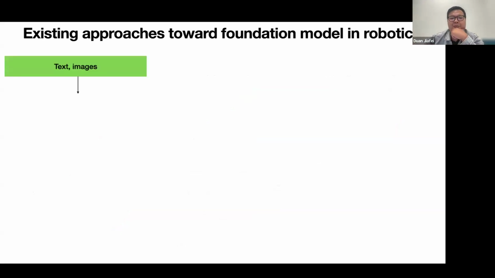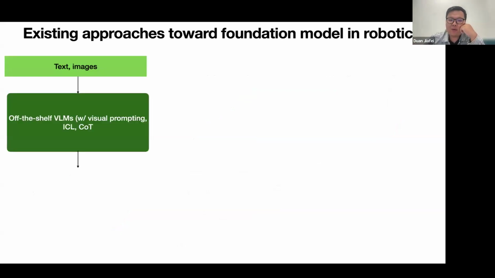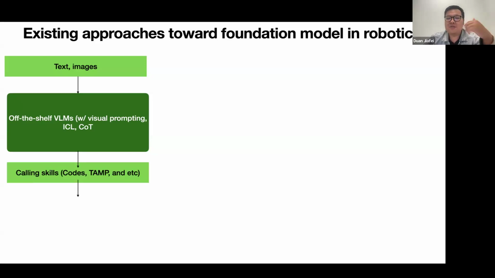The first approach is where your input will be text and language. People tend to use off-the-shelf vision language models, incorporating them with visual prompting, in-context learning, or even chain-of-thought reasoning, and basically using that as an API call to call skills.